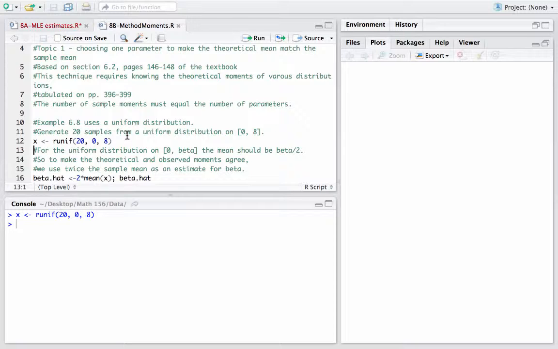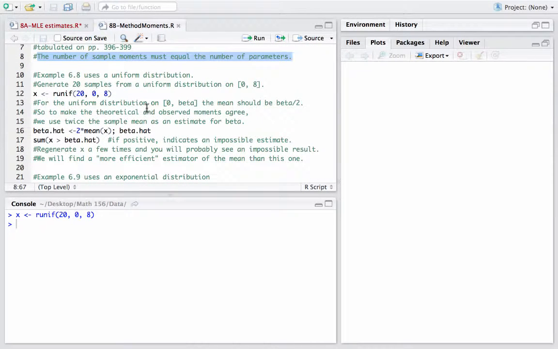So we invert those relationships and estimate the parameters based on what parameters would have yielded these moments. As Paul says here, the number of sample moments must equal the number of parameters. So as many parameters as you need to estimate, that's how high up your order of sample moments has to go. This is basically the linear algebra idea that you need as many equations as you have unknowns.